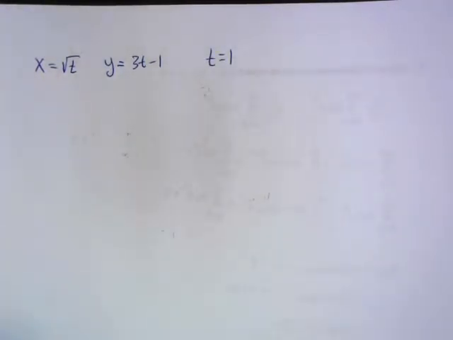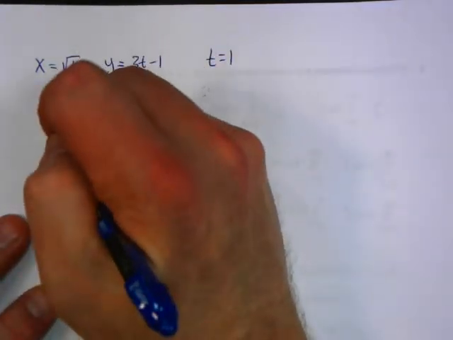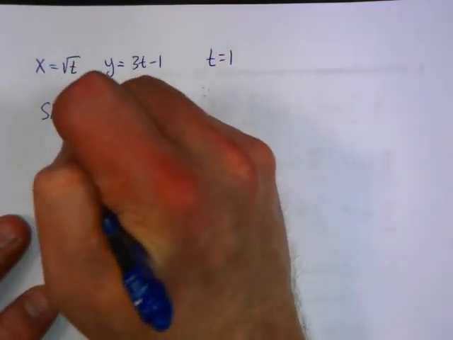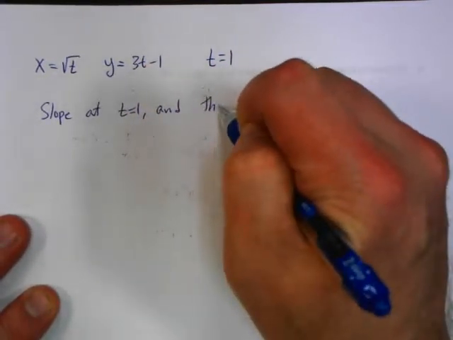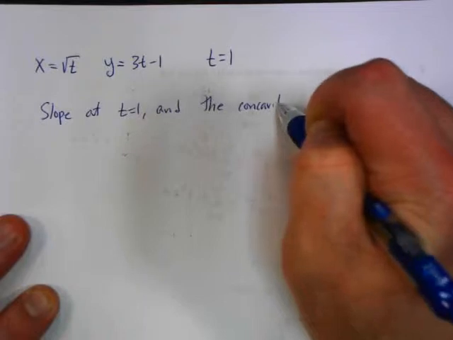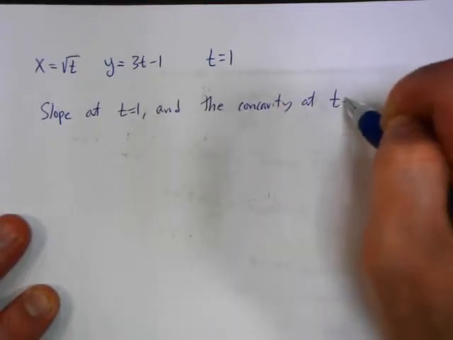And I want to know two things. I want to know the slope at t equals 1 and the concavity at t equals 1.